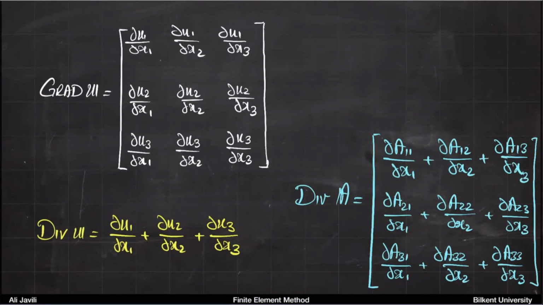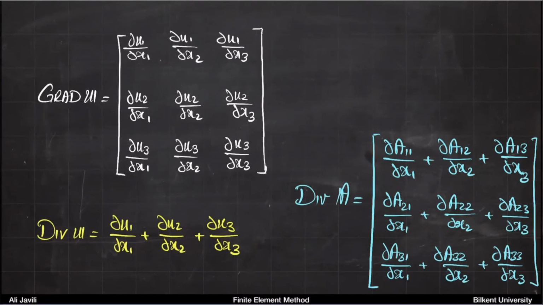Now, looking at this, you can clearly see what happens with the orders. A vector has order 1. The gradient of a vector has order 2, because it becomes a matrix. The divergence of a vector is a scalar, so it's order 0.